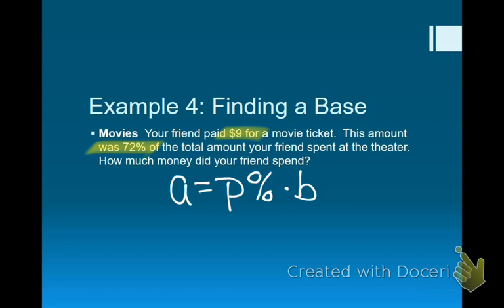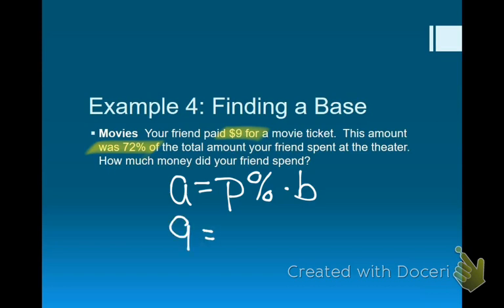It clearly says of the total amount, which it does not tell me. How much money did your friend spend? So you do have to kind of read into these questions to figure out, is it A, B, or P, but they will give you key words like total. If it says the total amount she spent was $20, that's your B value.